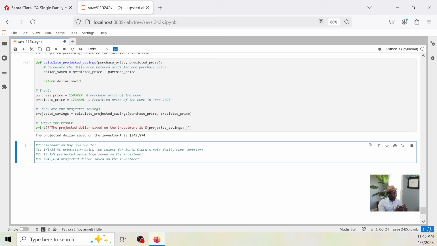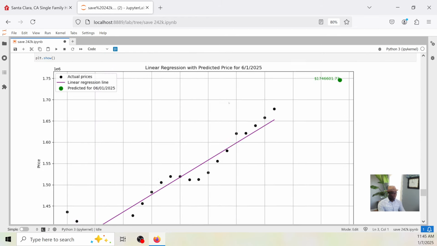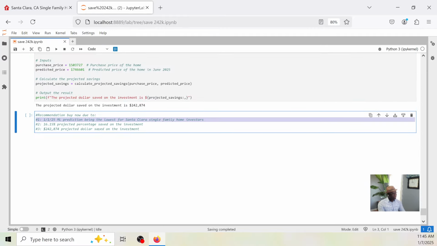So in conclusion, I would go ahead and make a purchase sooner rather than later, given that, as we can see, the machine learning models were predicting January 1st to be the lowest. As we can see, prices are just going to keep getting higher and higher. And then similarly, from a cost savings perspective, 16.15% projected percentage saved on an investment with $242,874 projected dollars saved on the investment.